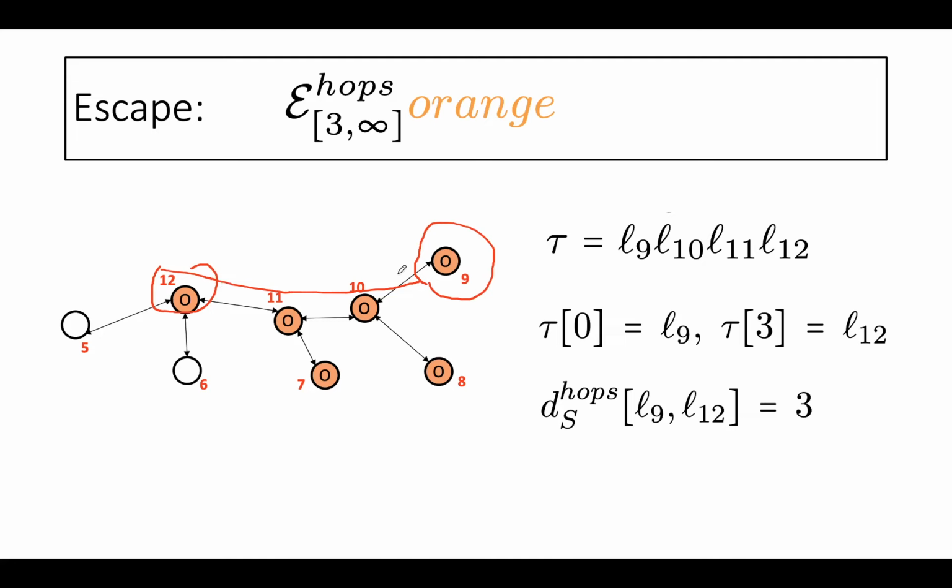We can see instead that, for example, L10 does not satisfy the property. Why? Because we cannot find any element such that the distance between L10 and this other location is more than 3, and all the elements satisfy the orange property.